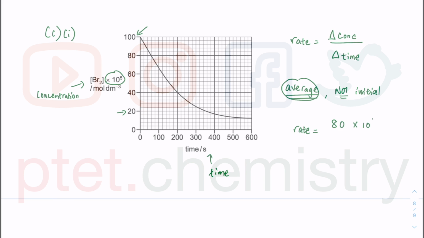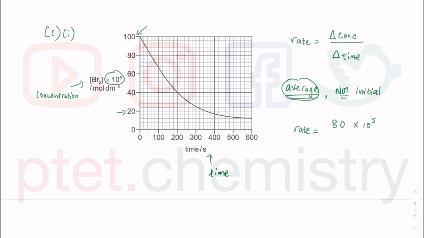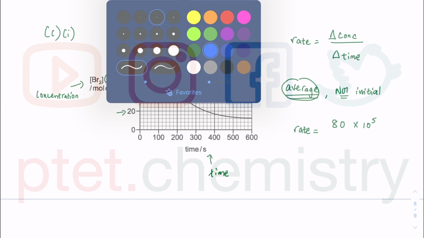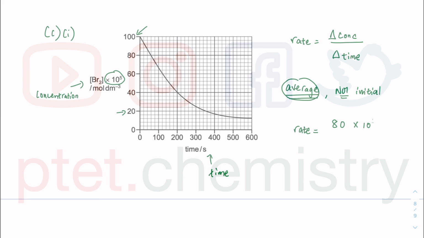And this is multiplied by 10 to the 5. Actually, that will be wrong. It cannot be 10 to the 5, because the whole thing is times 10 to the 5, so the actual value is very, very small, and you have to multiply by 10 to the 5 to get it to this number. So the actual value must be something times 10 to the power minus 5.